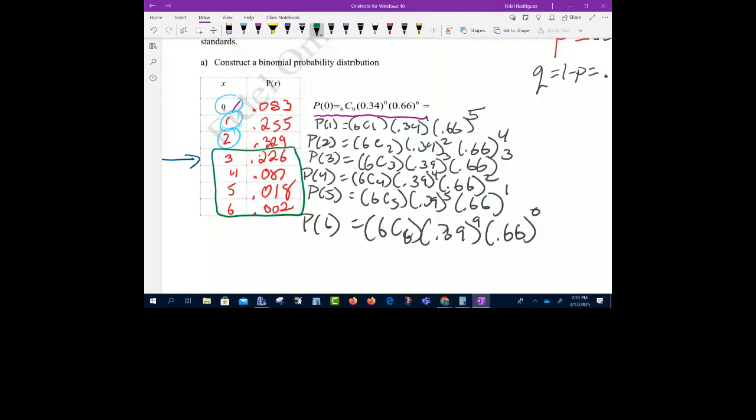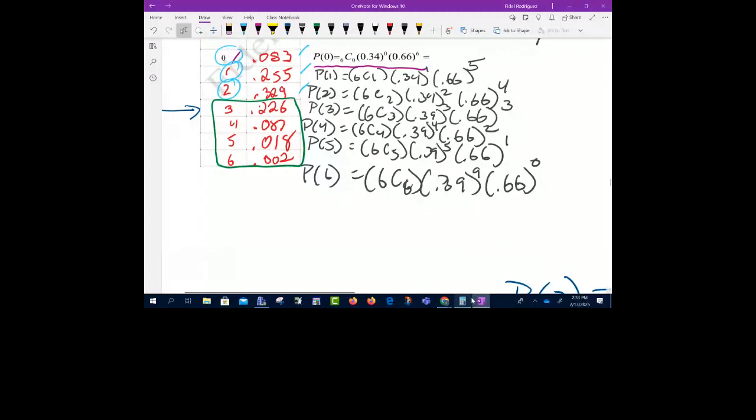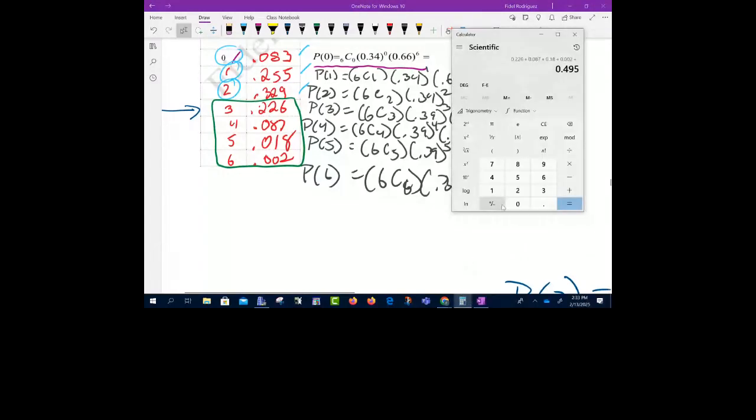Okay. I want to show you 2 things. Let's go ahead and add these folks right here. So y'all, I'm going to take my calculator and clear everything here. Let's go 0.083 plus 0.255 plus 0.329.